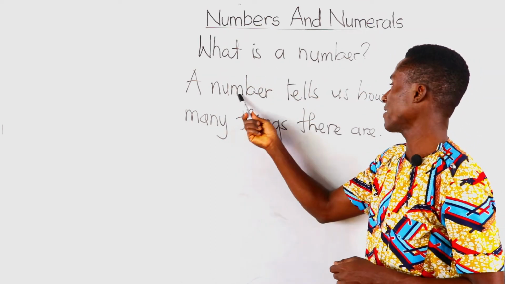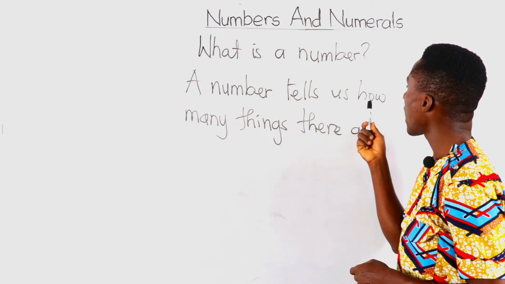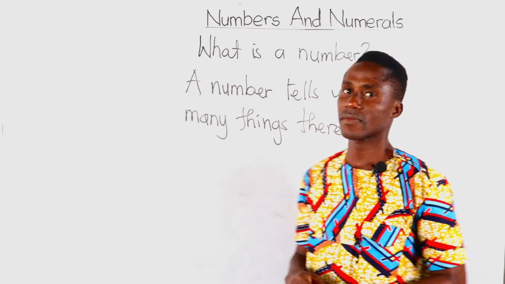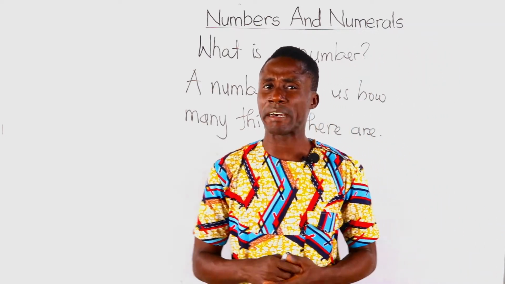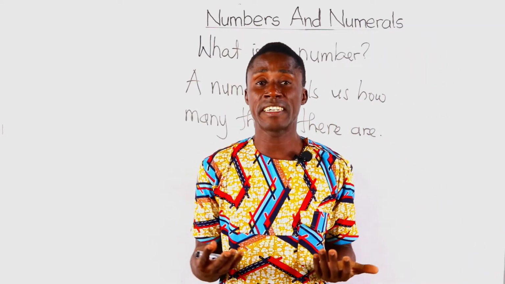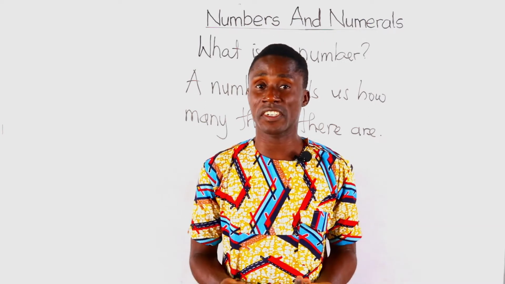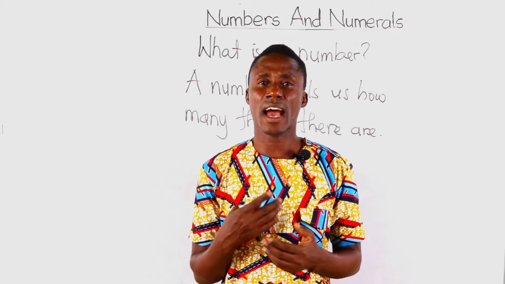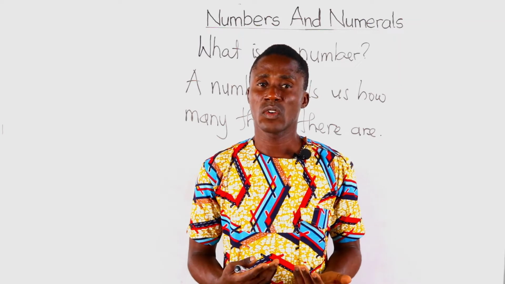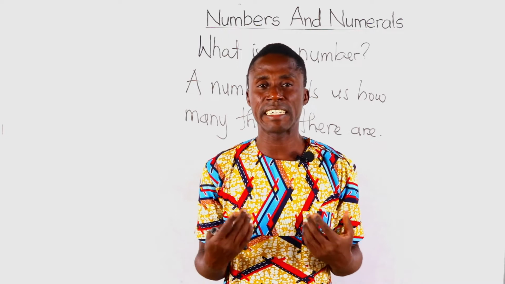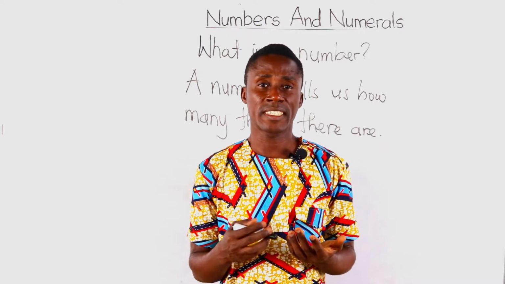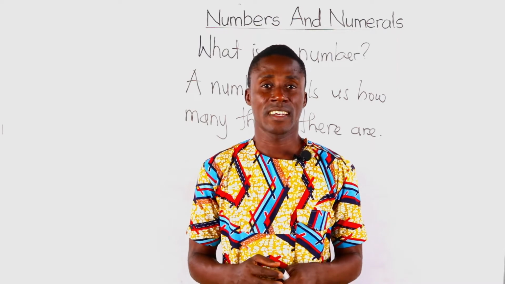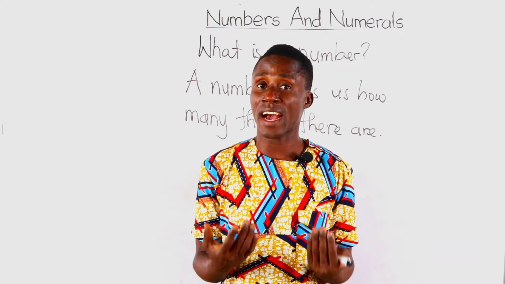A number tells us how many things there are. Now, how do we get a number? We get a number by counting. And after we have counted, what we get is called what? A number.